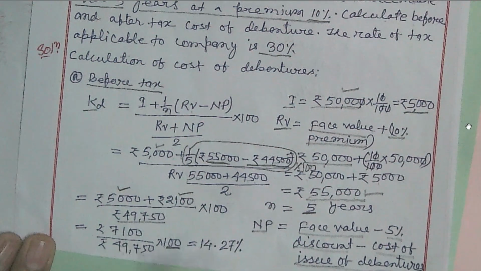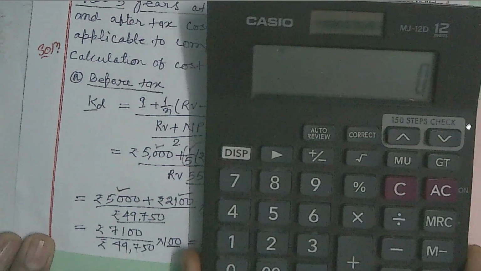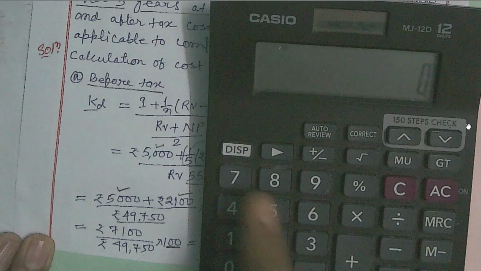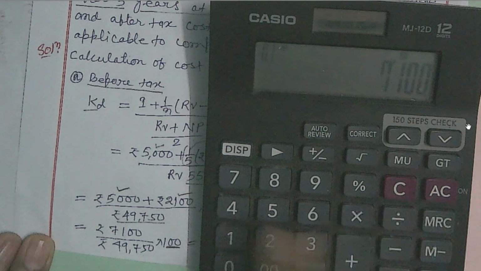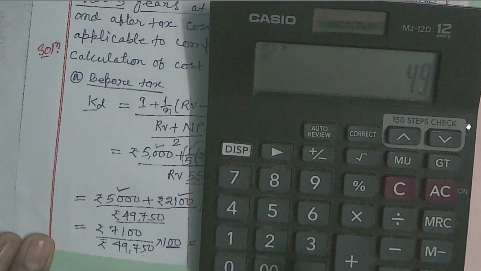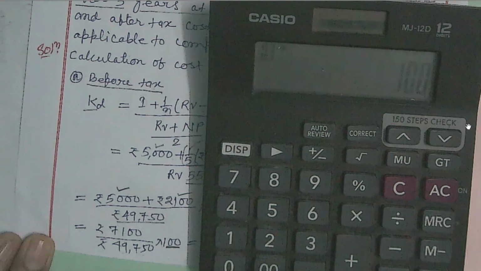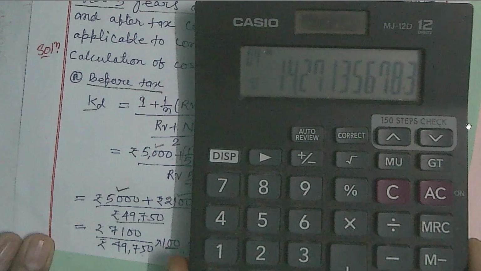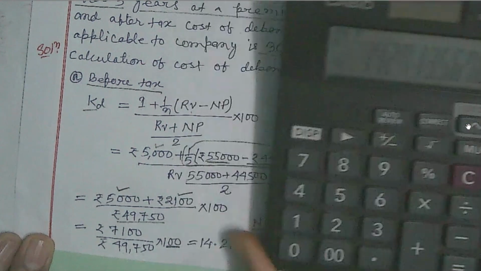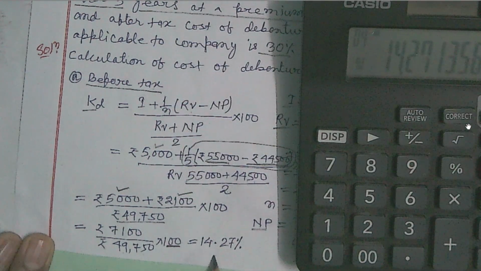So when we divide it, again I will show you here: 7,100 divided by 49,750 multiplied by 100, so the result is 14.27, so here 14.27%.